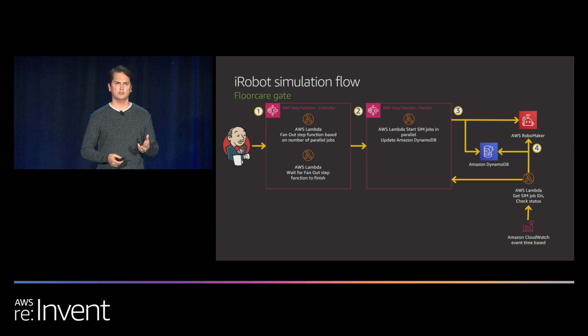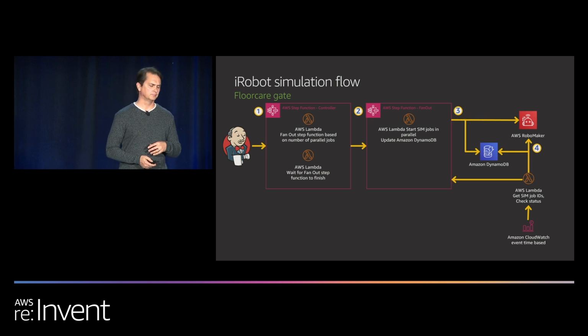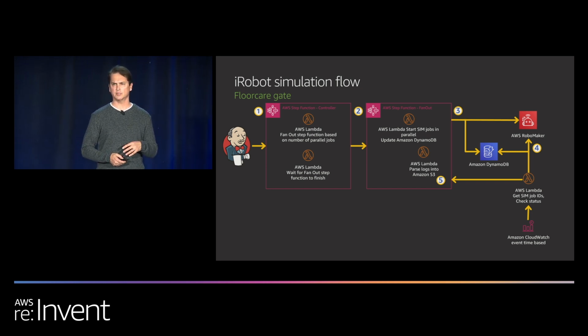Finally, another lambda is used and pulls the results of the sim jobs that are running, and is triggered by a CloudWatch event. As the results start to pour in, another lambda is used to parse those results and store them in an S3 container.